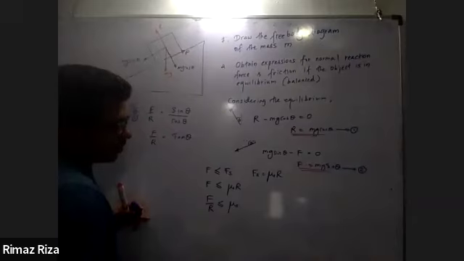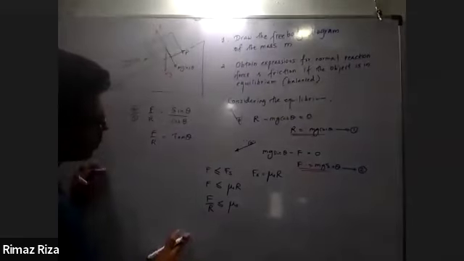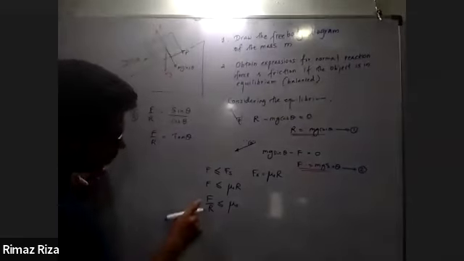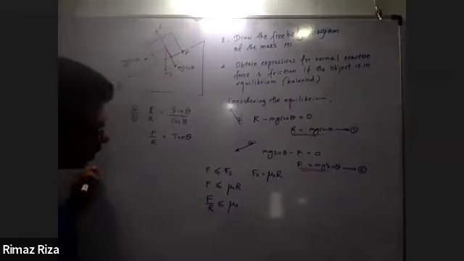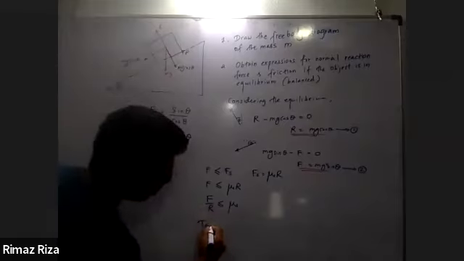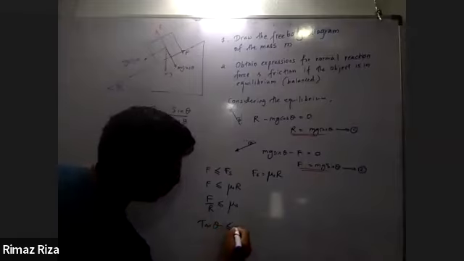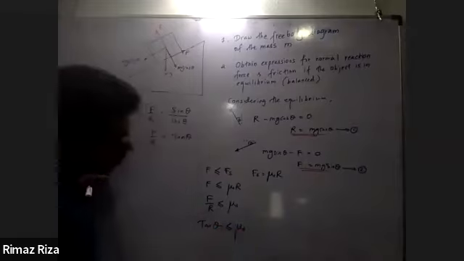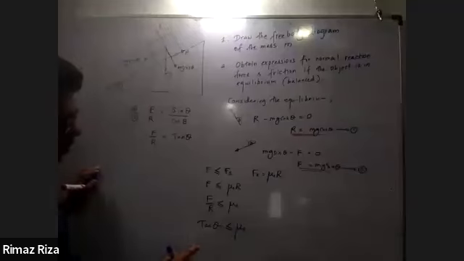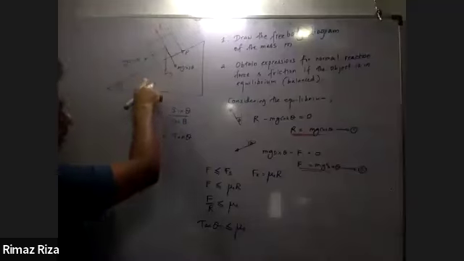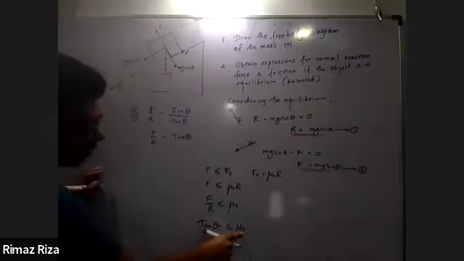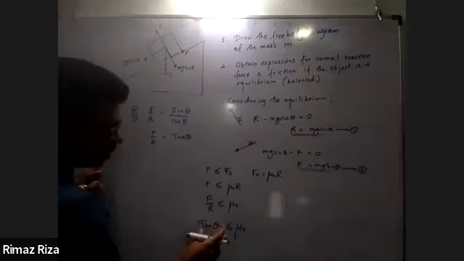And therefore, F over r is tan theta. The tan theta should be less than or equal to nu s. Okay. That means if this is in equilibrium, there is a maximum value that tan theta can take.